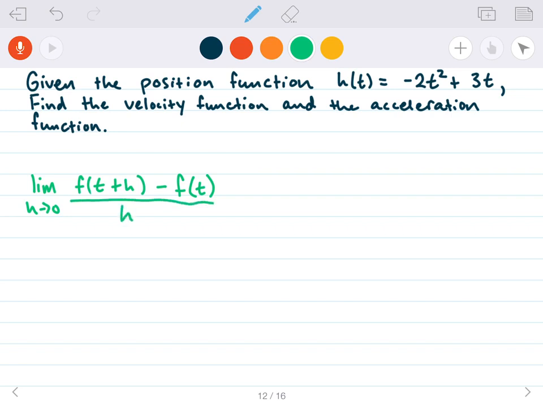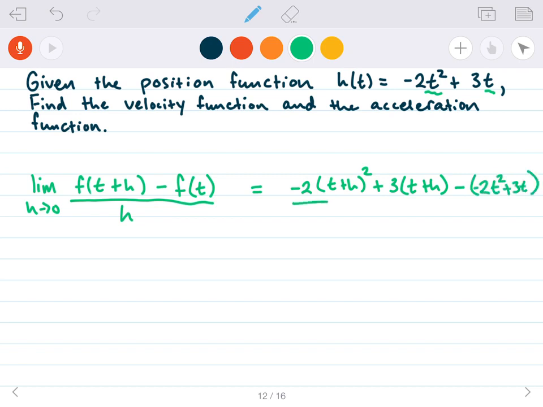All right, so now I'm going to plug in t plus h into my variable t. And so this is going to give me negative 2 times t plus h squared plus 3 times t plus h. And then minus f of t, which is just negative 2t squared plus 3t.